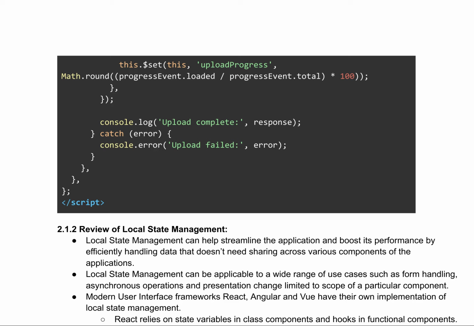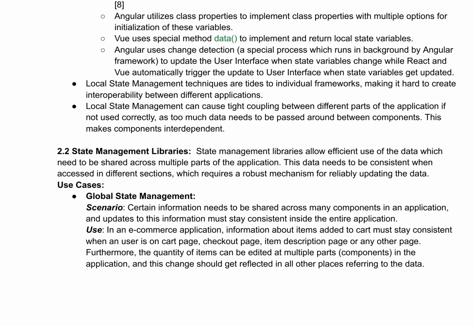However, if not used correctly, this can lead to tight coupling between different parts of the application, as too much data needs to be passed around between components, making them interdependent. On the other hand, state management libraries enable the efficient use of data that needs to be shared across multiple parts of the application. This data must remain consistent when accessed in different sections, necessitating a robust mechanism for reliably updating the data.